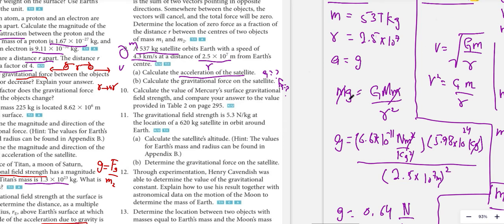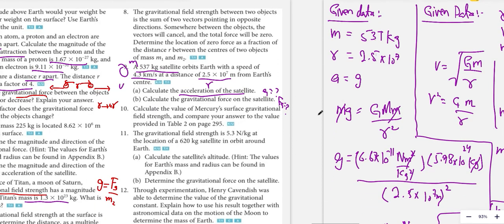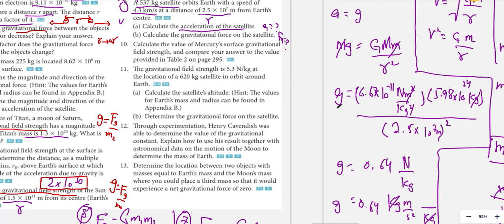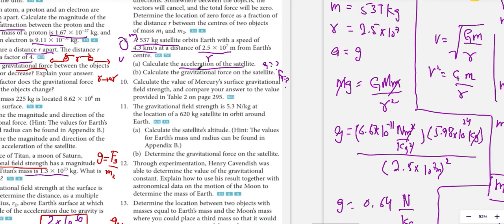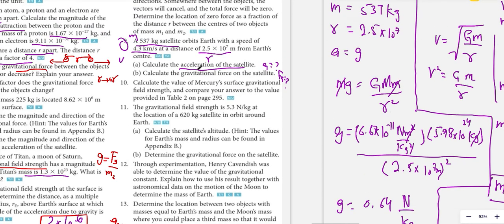So we know that we can simply put F is equal to mg is equal to GMm over r squared, then we can cancel the m with the small mass and g will become this value. So we know that the gravitational constant is 6.67 into 10 to the power minus 11, and the mass of the satellite is given.